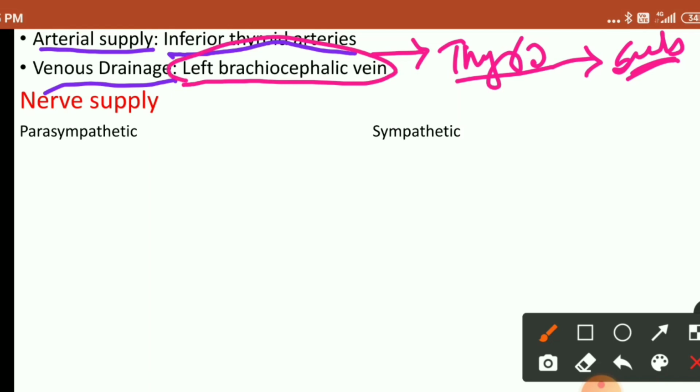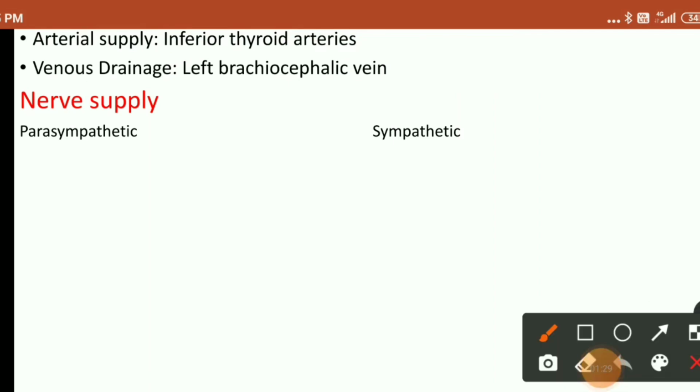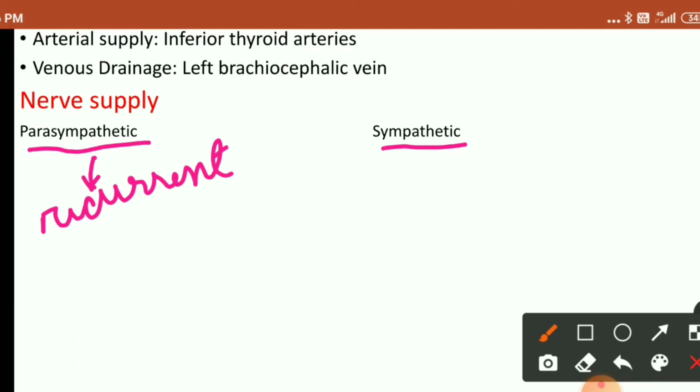Now we come to the nerve supply. The nerve supply we mainly discuss under two categories: parasympathetic and sympathetic. Now the parasympathetic is mainly by the recurrent laryngeal nerve. Now we know that the recurrent laryngeal nerve, which is a branch of vagus nerve, supplies all the intrinsic muscles of larynx except cricothyroid muscle.